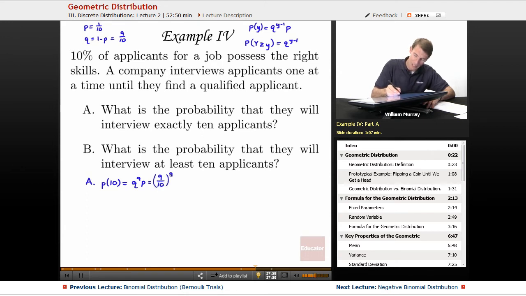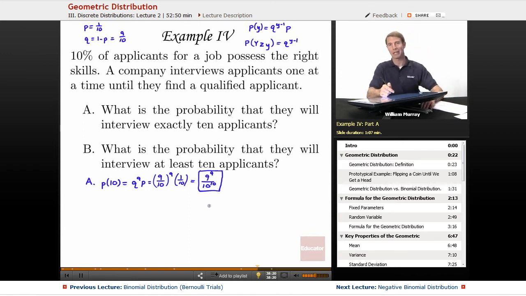So we raise that to the 9th power, multiply it by a single power of P, 1/10. And that's 9 to the 9 over 10 to the 9th times another 10, so 10 to the 10th. I didn't try to find a decimal for that. It would, again, be quite small. If you plug that into your calculator, it should be a very small decimal because it's quite unlikely that we will have to interview exactly 10 applicants. Most likely we'll find somebody earlier than that or probably later than that.